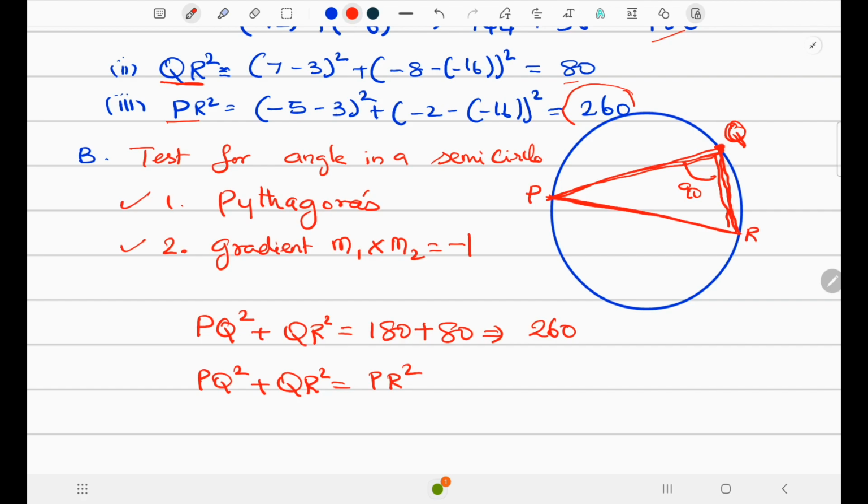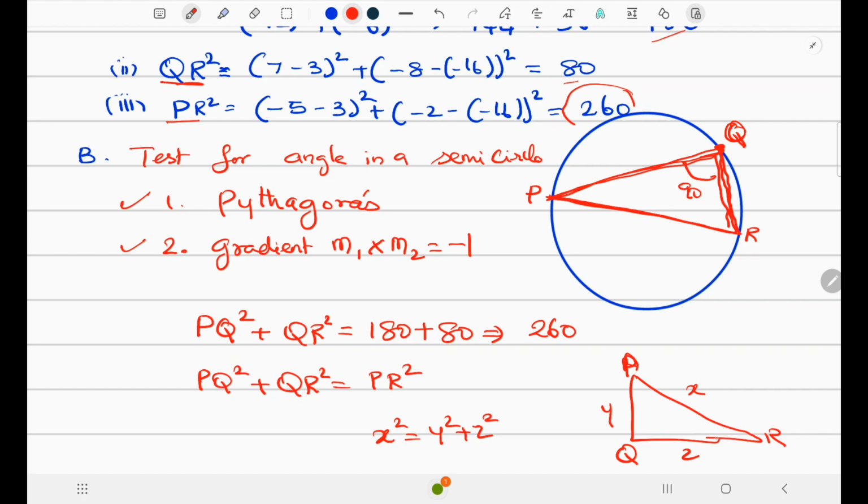Okay. So what Pythagoras theorem states: say this is A, B, keep the same thing, P, R, Q. So the distances, say this is X, this is Y and Z. So X square must be equal to Y square plus Z square. This is the Pythagoras theorem.